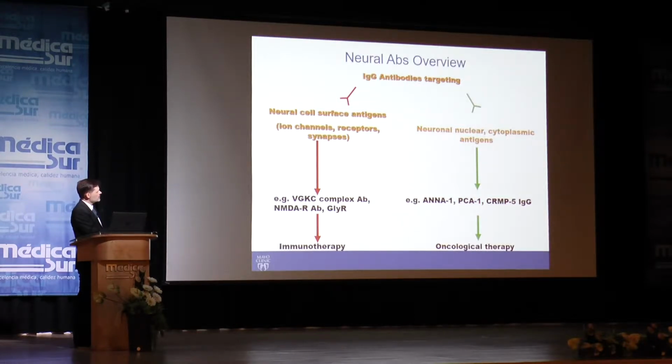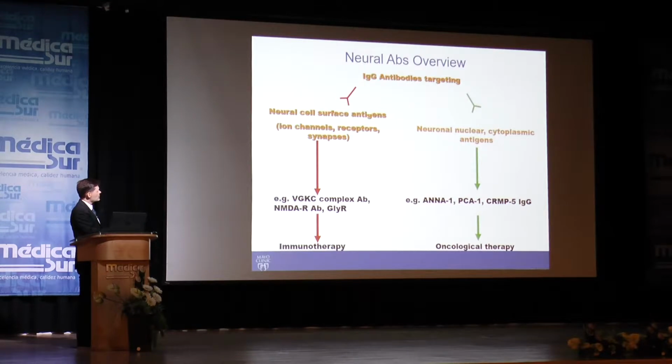So examples of these would include, and you'll be familiar with some of these acronyms, ANNA1, PCA1, CRMP5. These are typically associated, not always, but when you find them, you should be thinking about the possibility of an underlying cancer, and the primary treatment after finding the cancer is to treat the cancer. That's the number one approach.